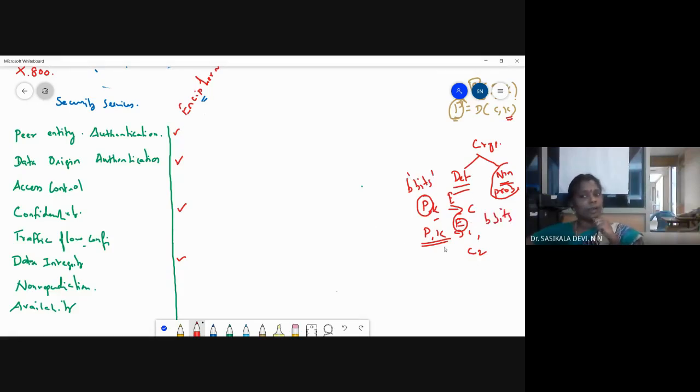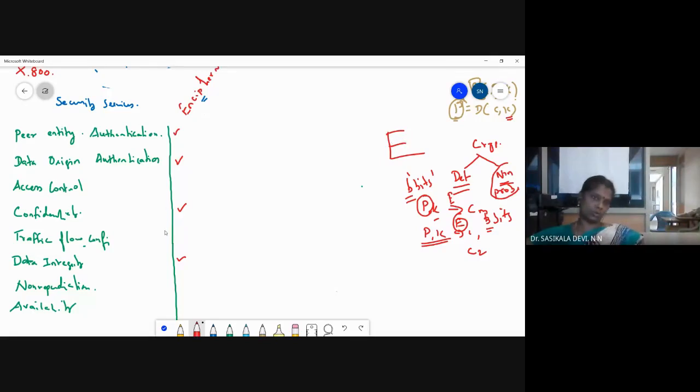But in non-deterministic or post-quantum cryptography, if the plain text is B bits, the ciphertext size is not B; it will be greater than or less than B, say M bits. The actual required data is B bits, but with probabilistic encryption the data transmitted across the network is M bits.